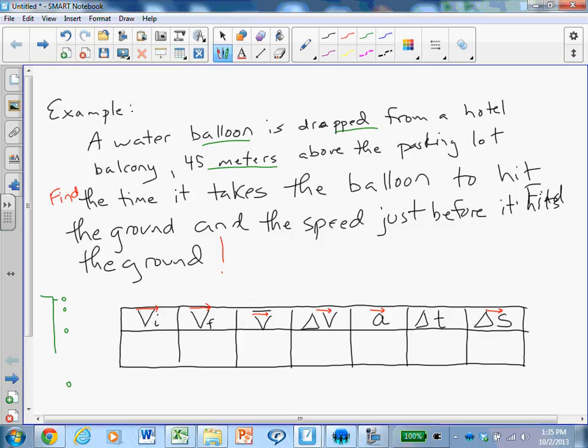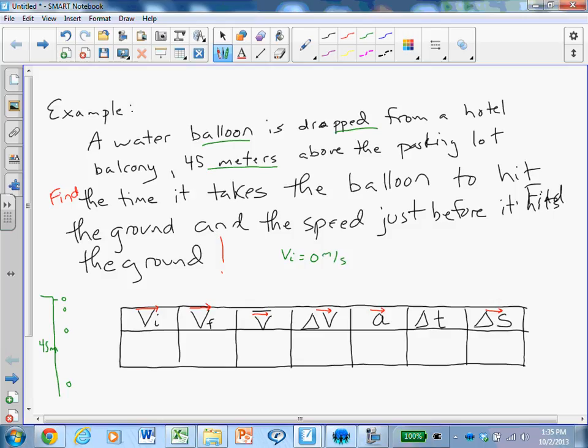Each second it covers more distance because it's moving faster over each successive second. The total distance that it falls is 45 meters. And it says dropped. What do you think that means? Right. The initial velocity is 0 meters per second.